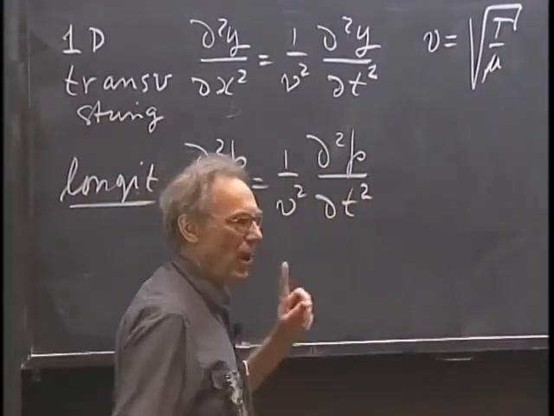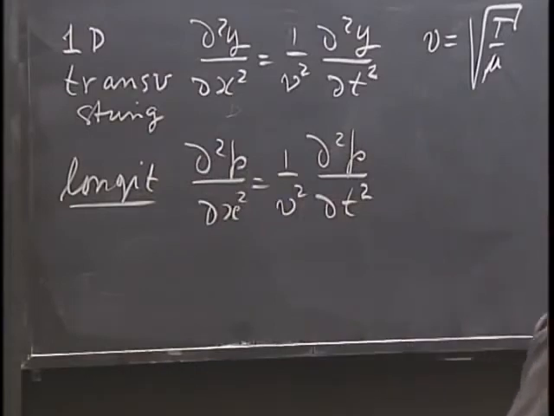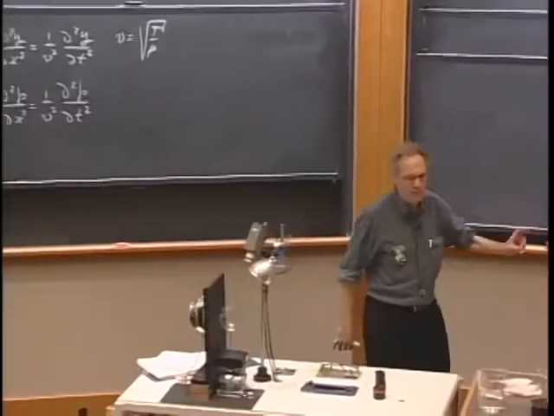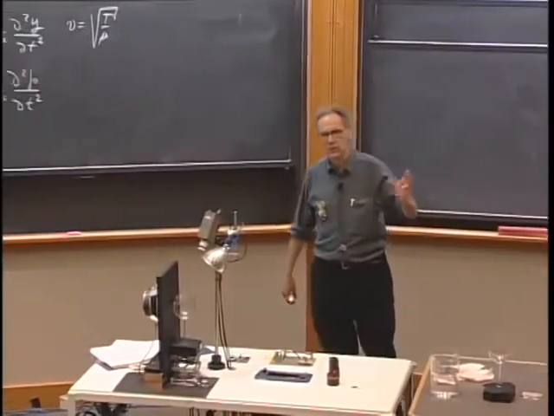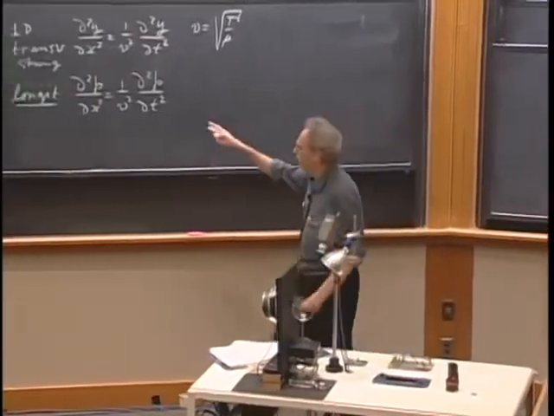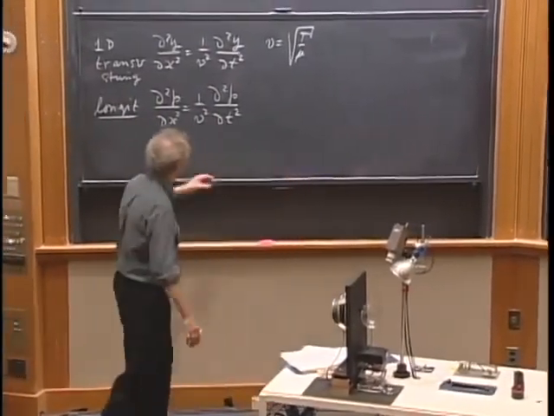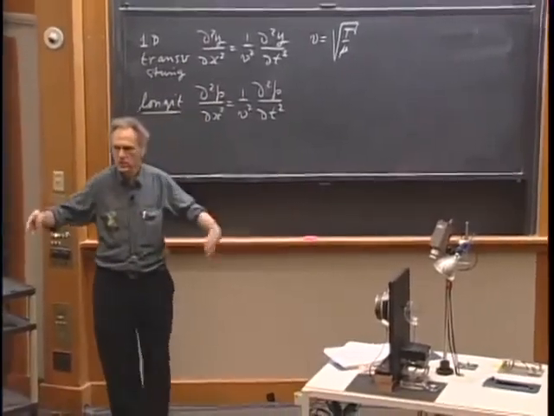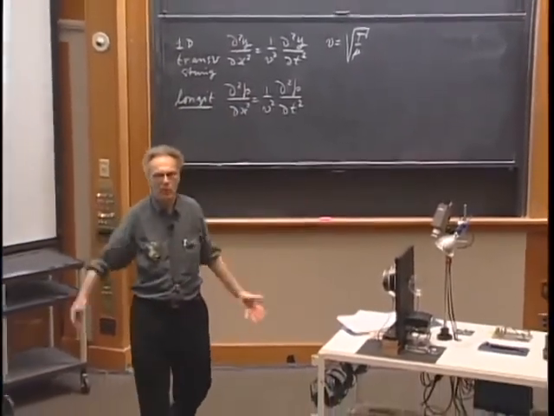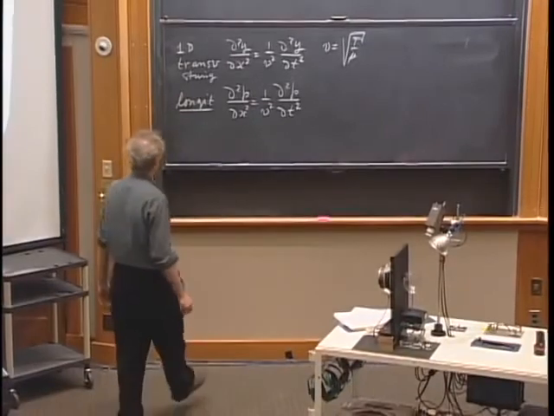P then, being positive, would be over pressure, over and above the ambient 1 atmosphere, and if it's negative, then it is below. So it's not the total pressure, but it is the overpressure. And v then is the speed of sound, which in air, room temperature, is about 340 meters per second.